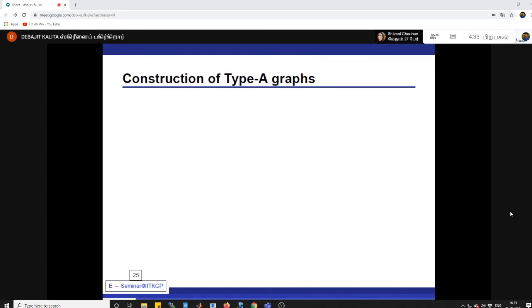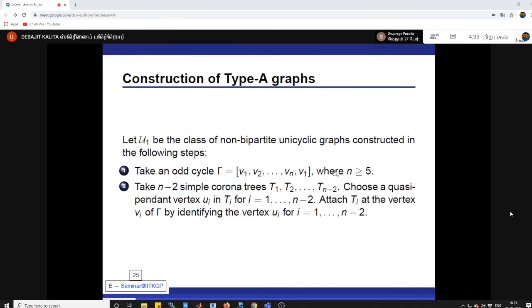Next we want to characterize those non-bipartite unicyclic graphs whose inverse is bicyclic. Before we proceed, we construct two different classes of graphs. So how do we construct those graphs?